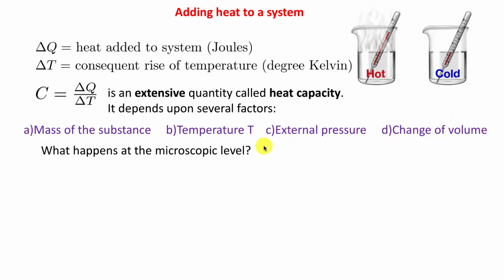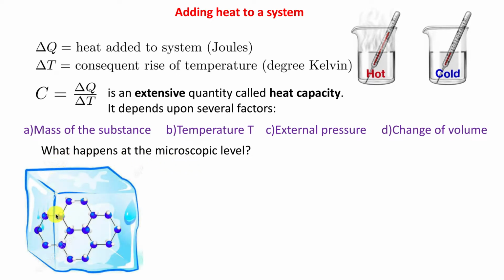Now let's try and understand what happens at the microscopic level. As I said earlier in my introduction, it helps if you know the substance at the atomic or molecular level. So take ice. Now ice is water molecules which are bonded together in this way. This is a hexagonal structure, and the melting of ice means that these bonds have to be broken.